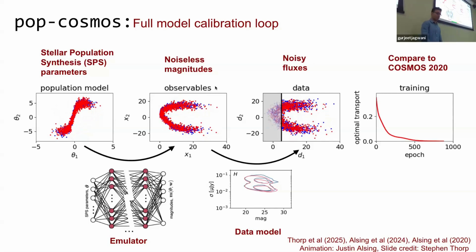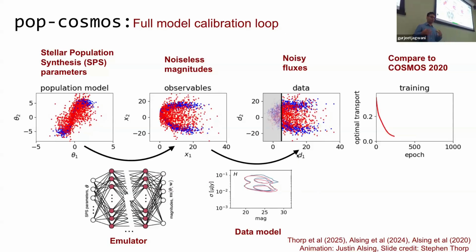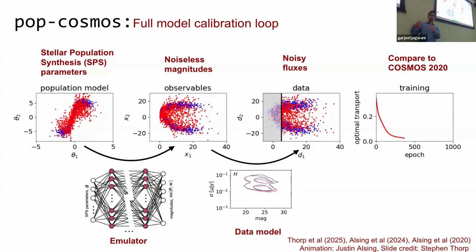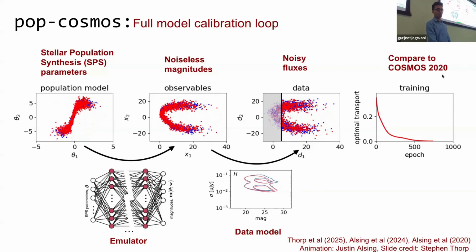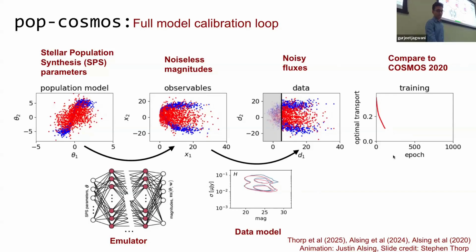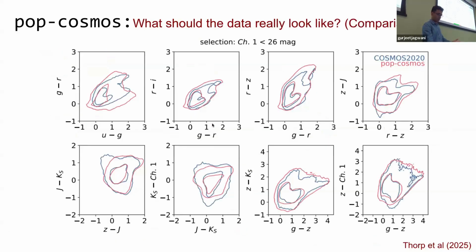Then we apply the data model onto them and get noisy fluxes that look like what you would actually observe. And then we compare those noisy fluxes to what you would see in the catalog. And we train our diffusion model on that, and slowly but surely, you match the real data and you get pretty good results.